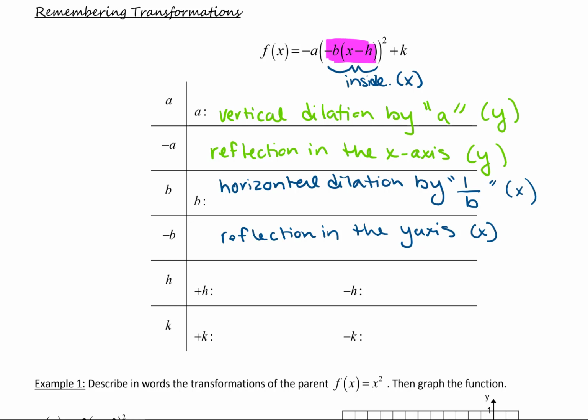In our equation, if we see a positive h, then that's a translation left by h. And if we see a negative, it's a translation right by h.